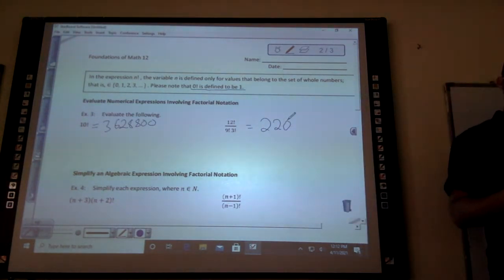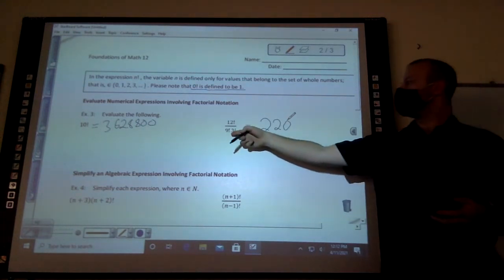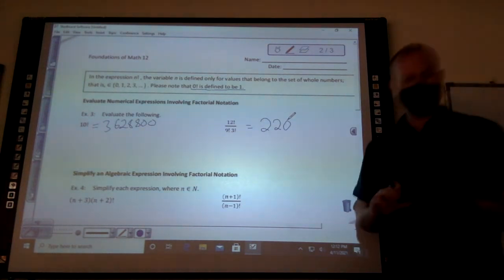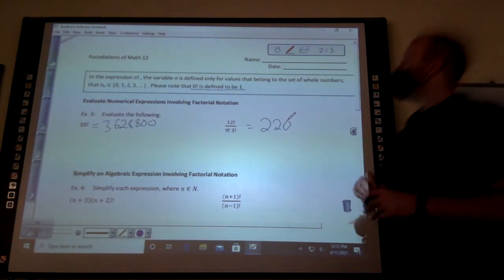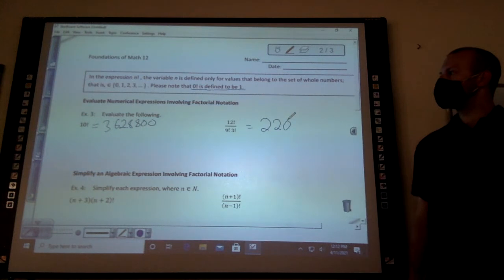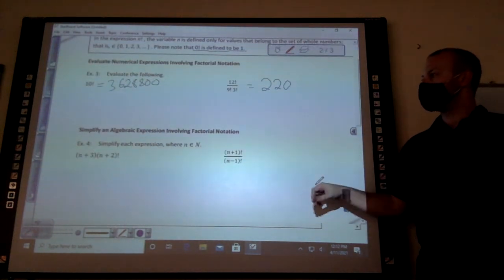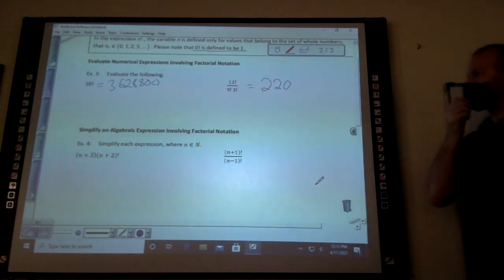You might have to put the times sign between the two numbers at the bottom. Okay, perfect. So that's pretty easy. If you're given numbers, not too bad. You can just put those into the calculator for the most part. I'm going to show you a case where it doesn't work.